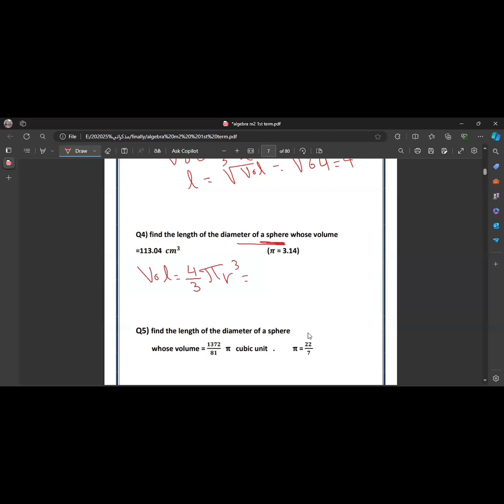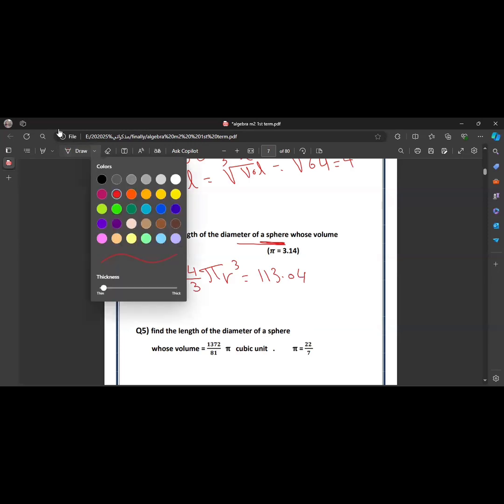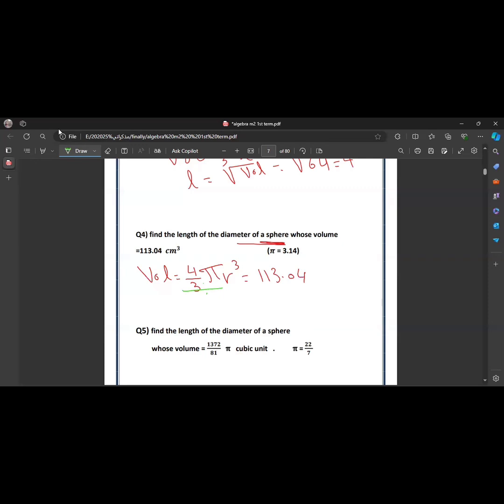This one is equal to what? 113.04. We can divide both of them by 4/3, and also divided by pi, which equals 3.14.